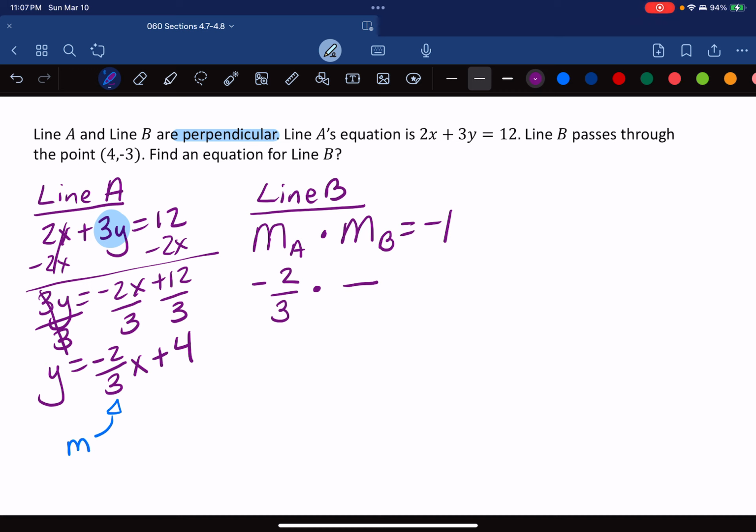And so I just need to flip line A's slope. It's a fraction already, so all I need to do is flip, which tells me that my slope for line B is just going to be 3/2. So now the last thing I need, I have a point, and now I have a slope. So I'm going to use point-slope form.